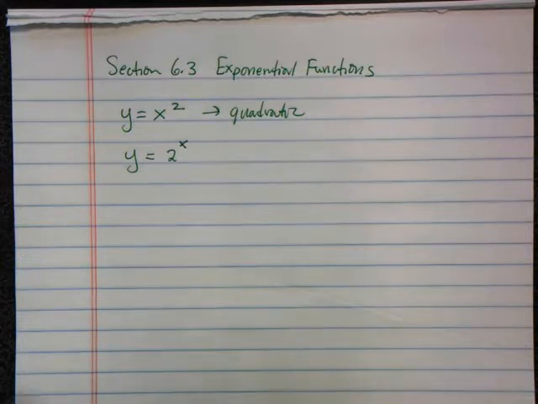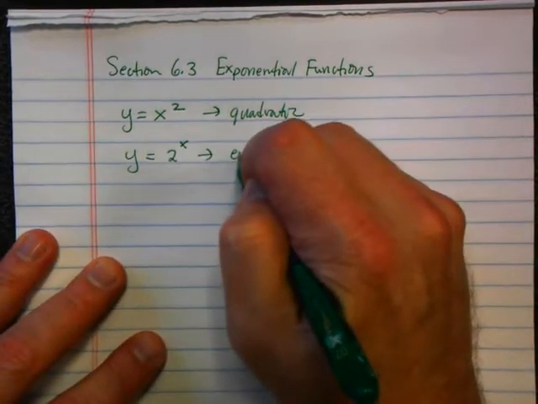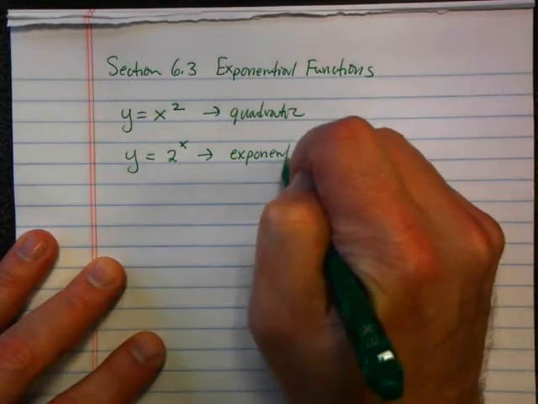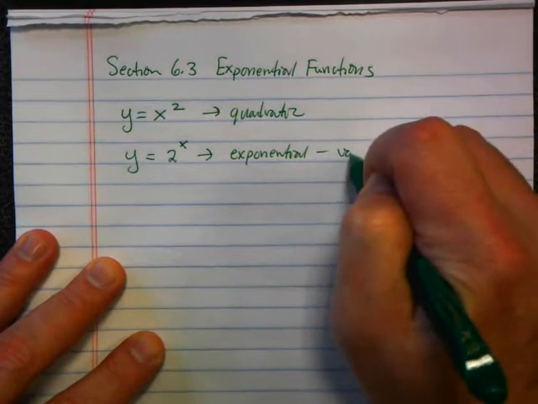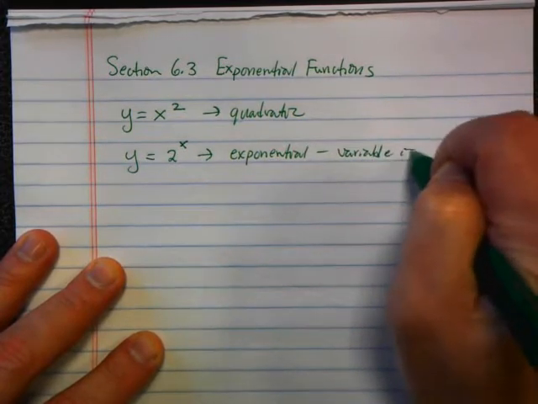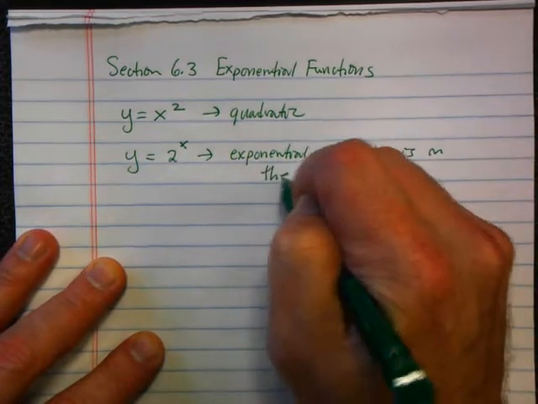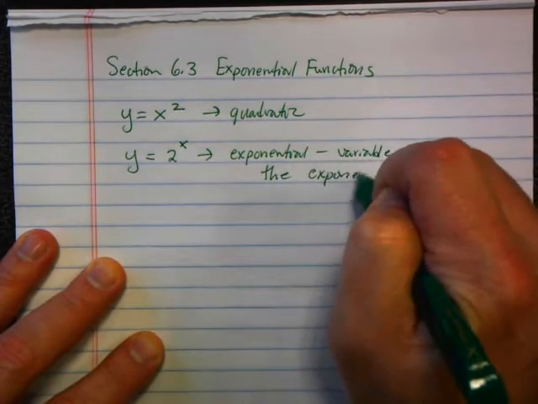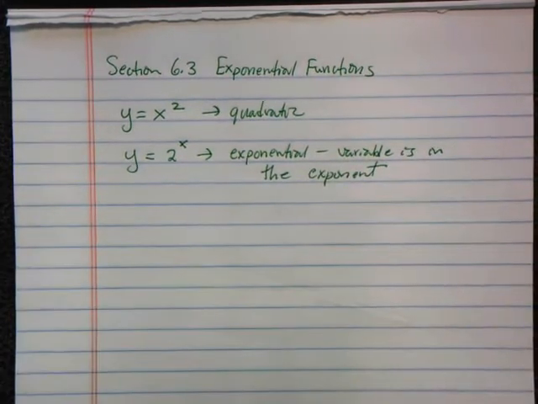The variable is in the exponent. So that's what we mean when we say exponential function. It means more than just that it has an exponent. It means that the exponent is a variable. It has an x in it. That's what we mean by exponential.